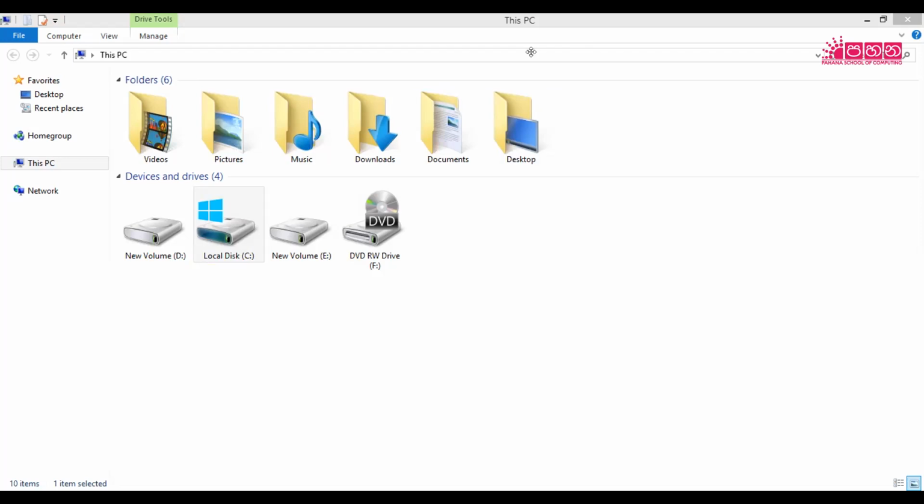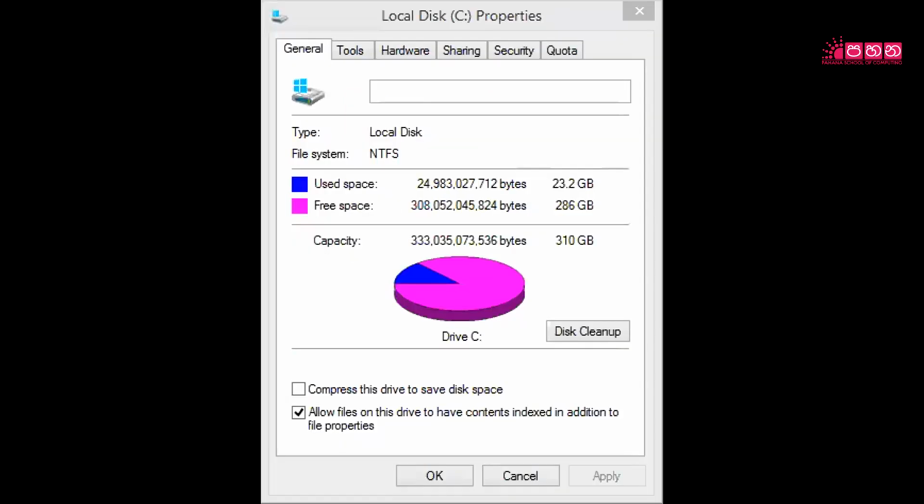I don't see the hard disk space. So can you right click? Okay, so this is what we will get. See, you have 310. Good.